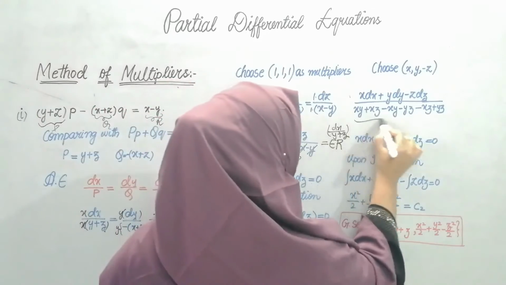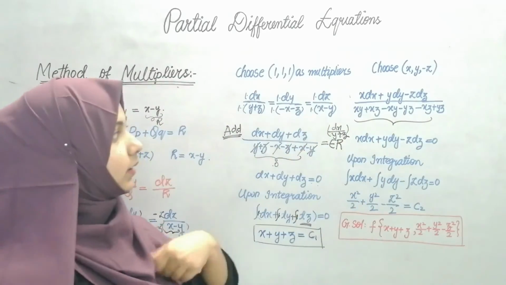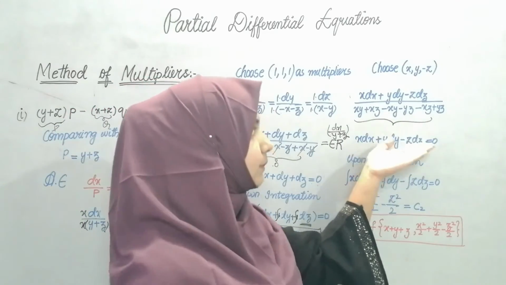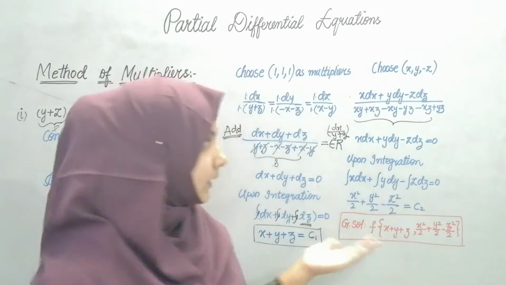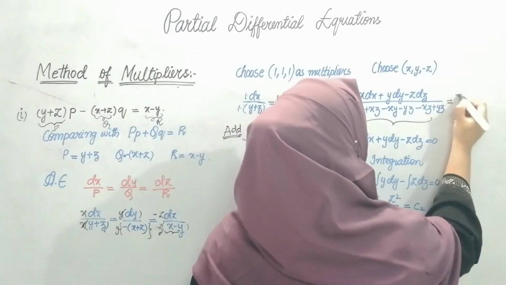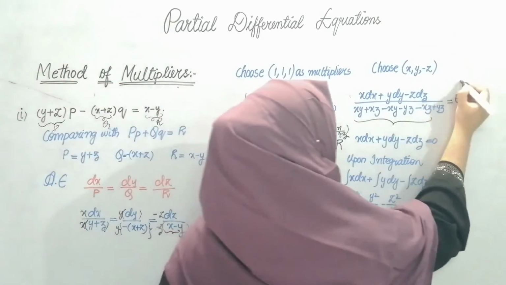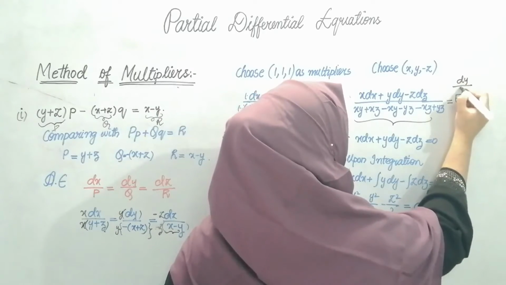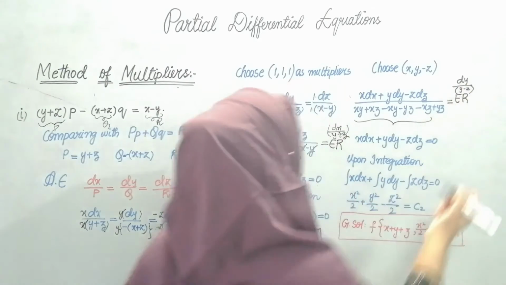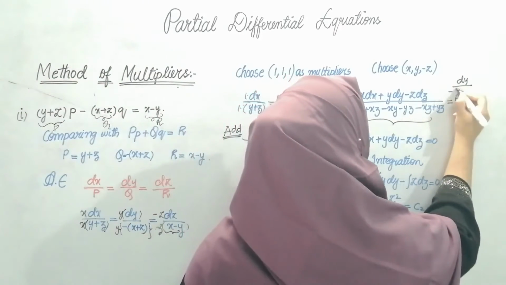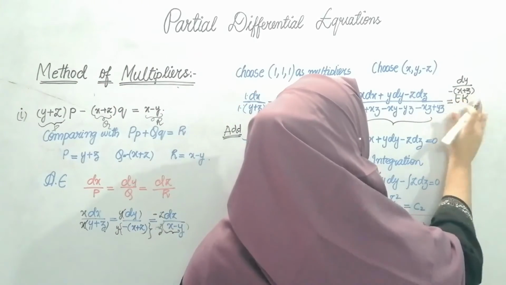So xy plus xz minus xy minus yz minus xz plus yz is equal to each ratio, or anything you can write here. Suppose I'm taking dy by y into minus of x plus z.